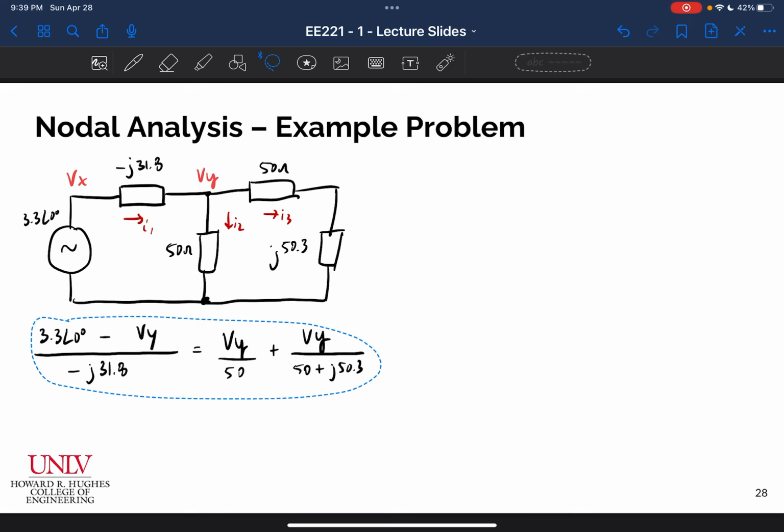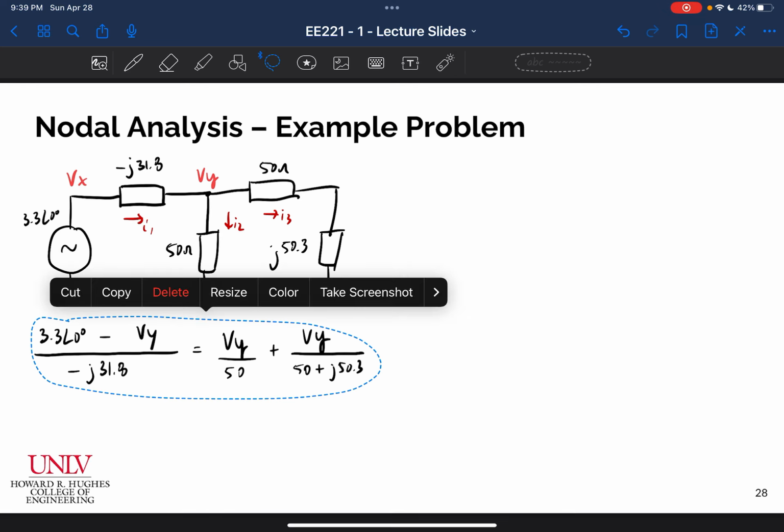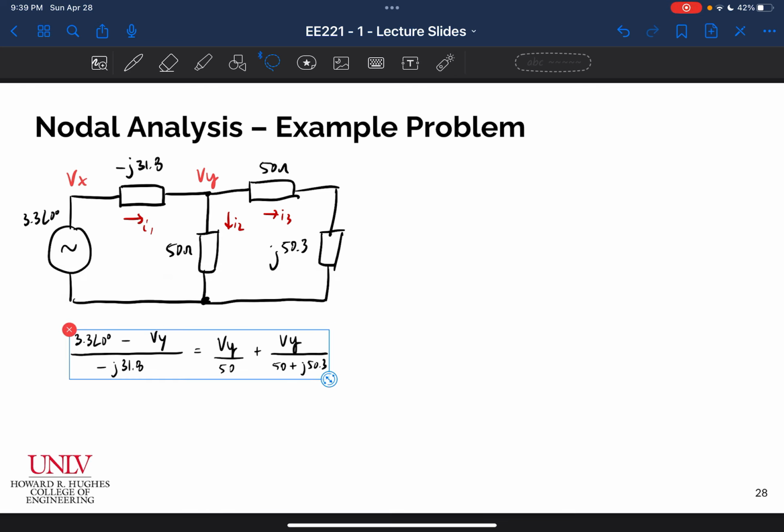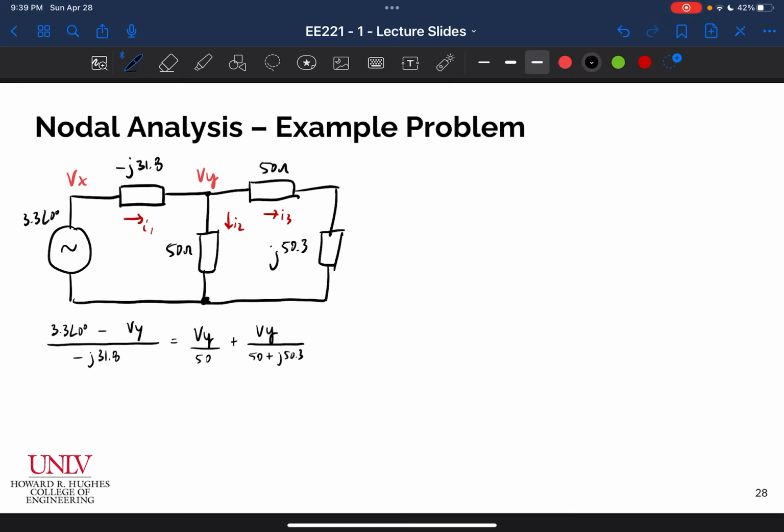It's a little bit annoying to do all this math. I do understand that. It's part of the curriculum here, so you're going to have to get through it with minimal complaining. So we've got 3.3 angle 0 divided by minus j31.8 minus Vy divided by minus j31.8.